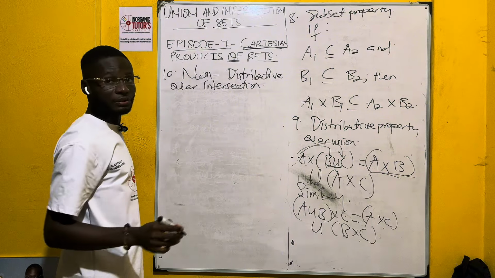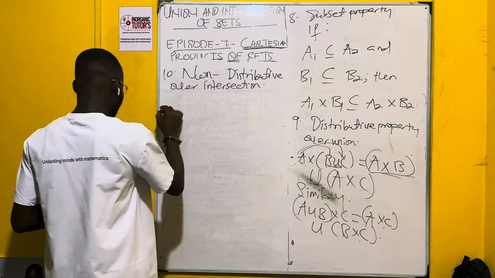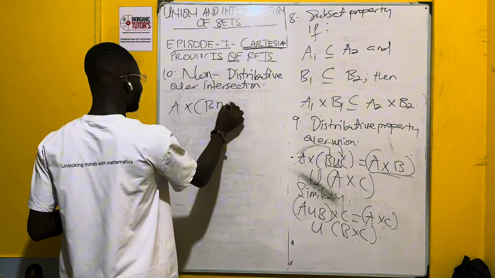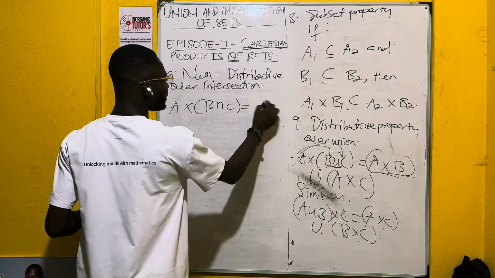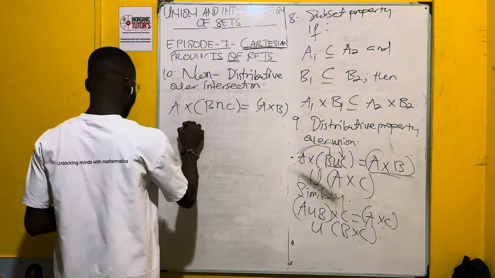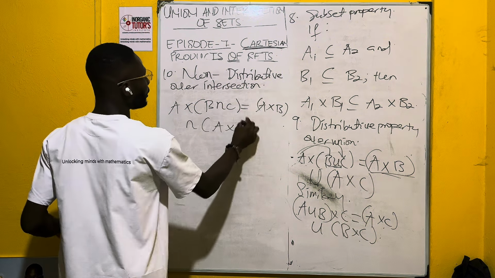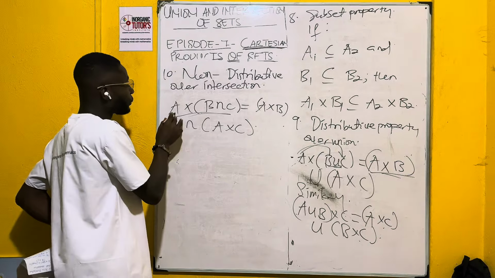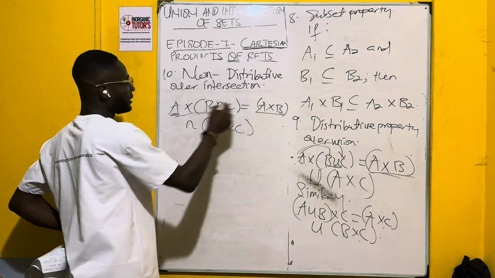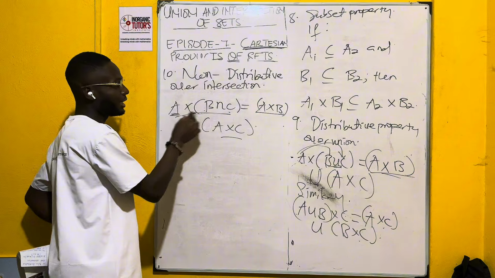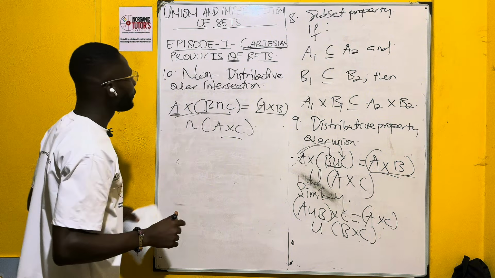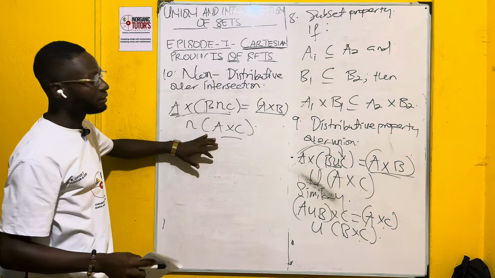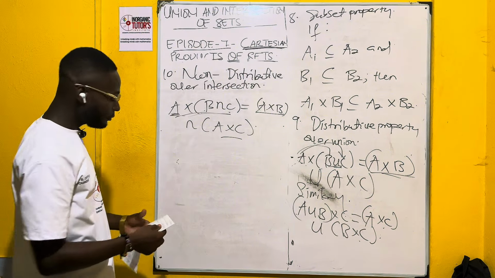We know that A cross (B intersection C) is the same as (A cross B) intersection (A cross C). So if you have the intersection as well, you spread this to that and you have this, you spread this to that and you have this. So that is the distributive property over intersection.